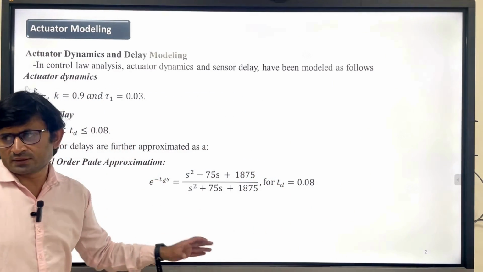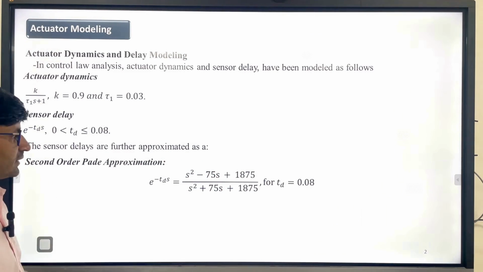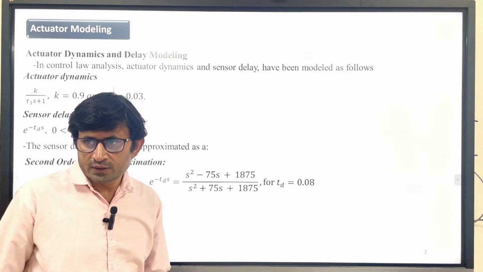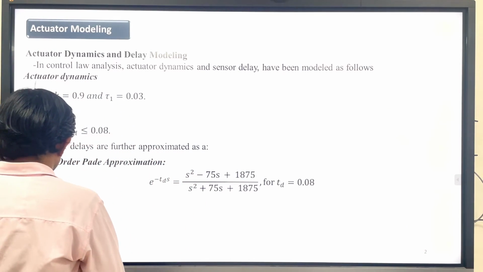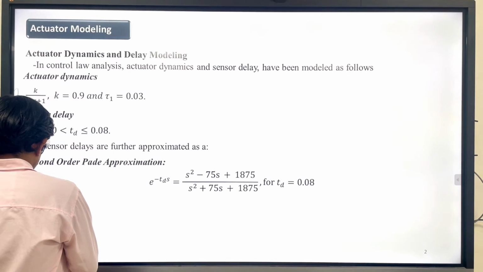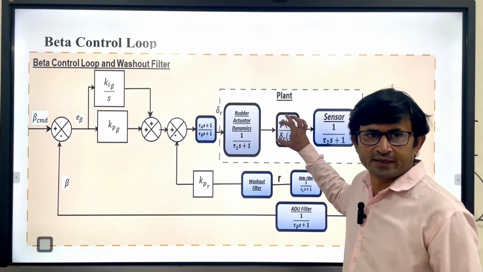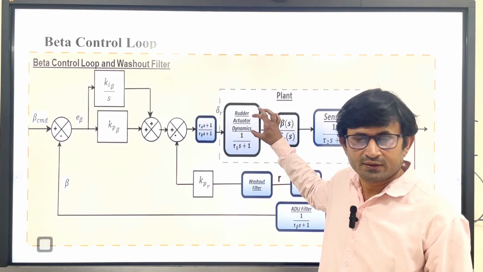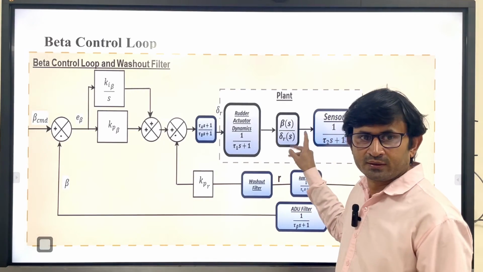The delay is the same as what we have discussed so far. Using Pade approximation, you can model the delay, or a first order or second order transfer function. You can model the actuator dynamics. So the same as we did in the longitudinal and lateral cases, we do here as well. Now this beta by delta transfer function is ready. You included the rudder actuator dynamics, sensor model, and delay.